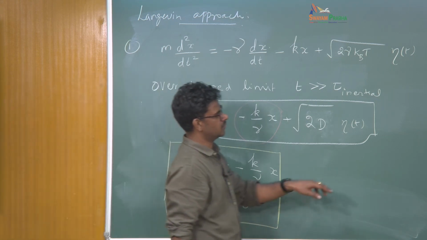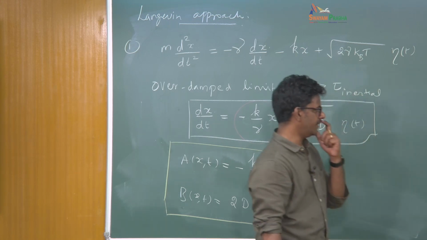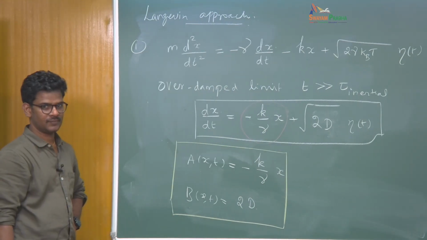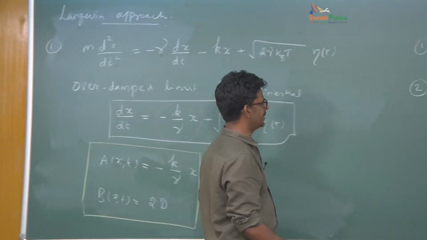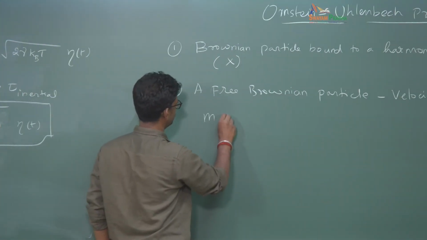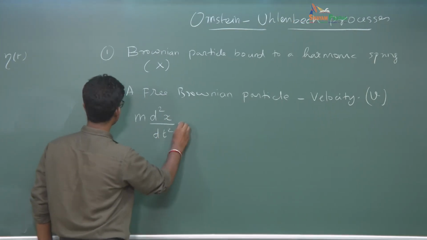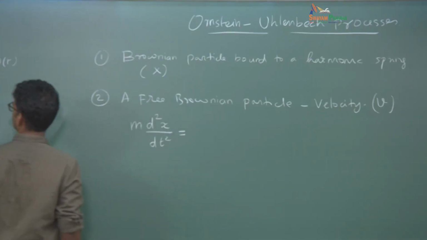Now similarly, let us look at a free Brownian particle, and you are interested in the velocity. So again we go with the same equation like here, m, you have this term.